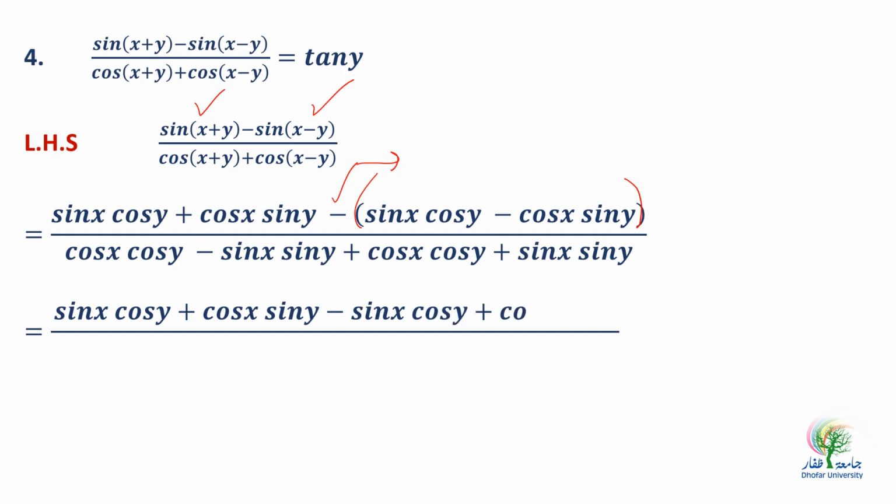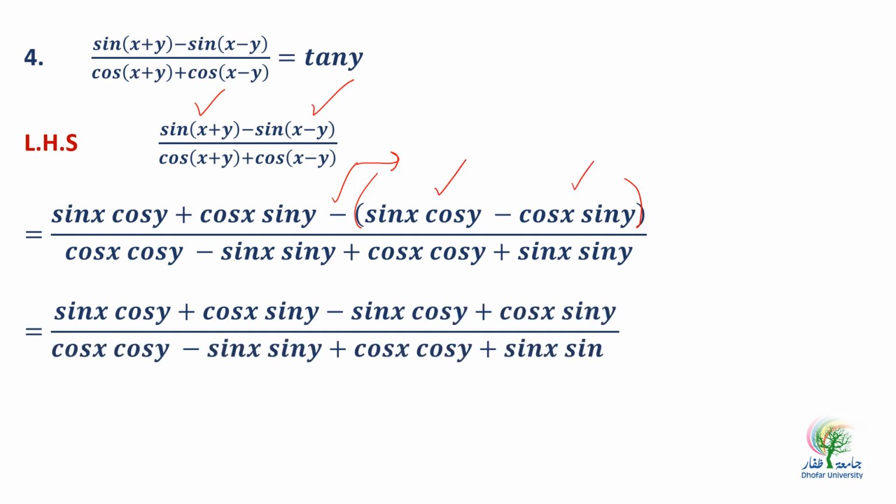So this term will become minus and this term will become plus. You know, this minus sine x cosine y cancels with sine x cosine y, and this minus sine x sine y will cancel with this plus sine x sine y. So these two terms give 2 cosine x sine y, and these two terms give 2 cosine x cosine y.